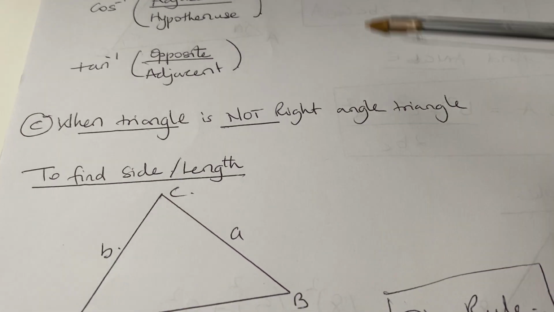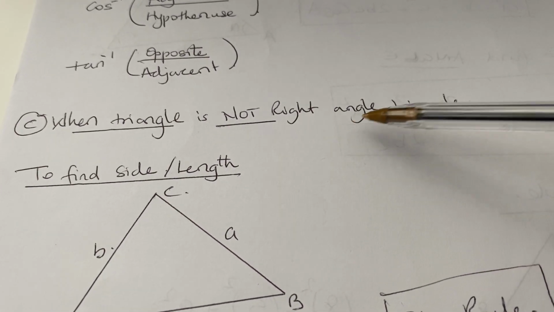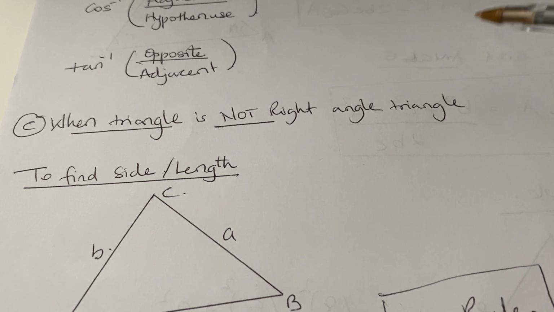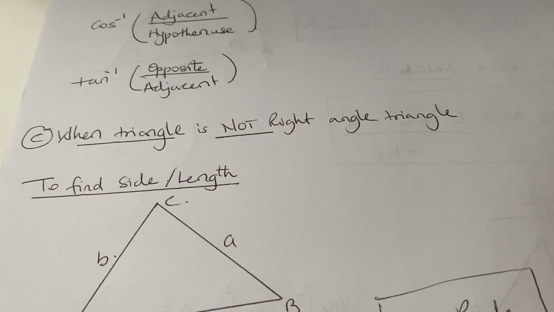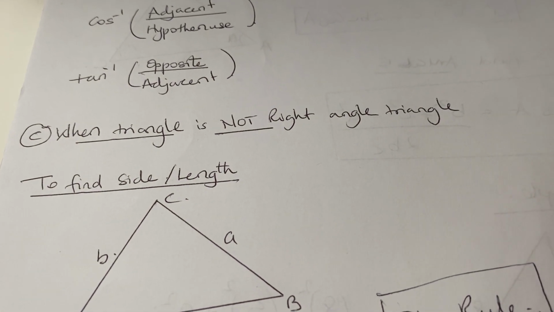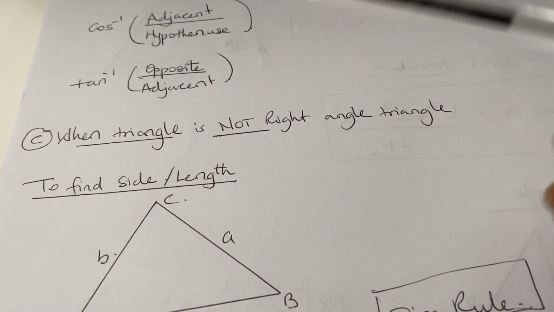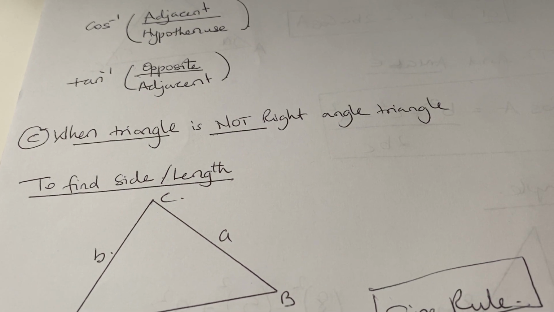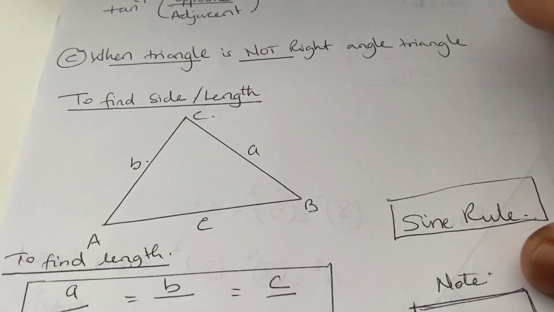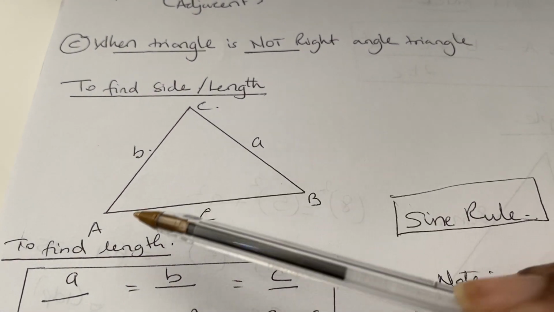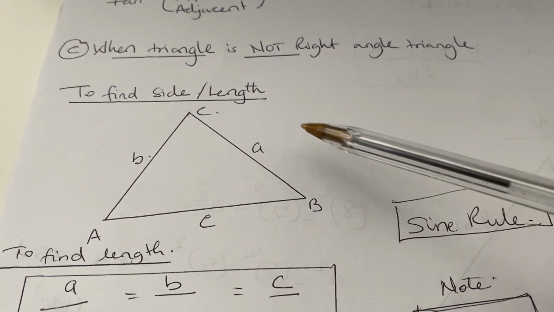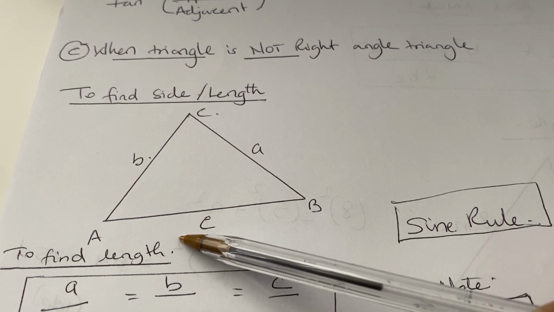Now, when the triangle is not right angle, that is where the sine rule and the cosine rule come in, which we've used to solve questions. But all these are under trigonometry. So now you have this one, it's not a right angle triangle.